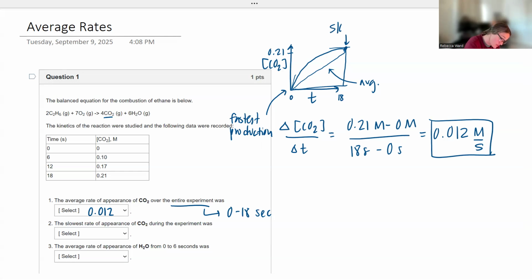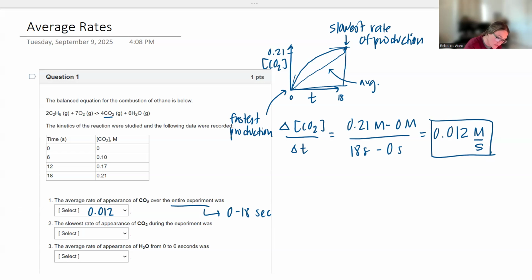So I would say this is going to be our slowest rate of production, that instantaneous rate at 18 seconds. You have some other options, the average rate from 0 to 18, which would be what we just calculated.